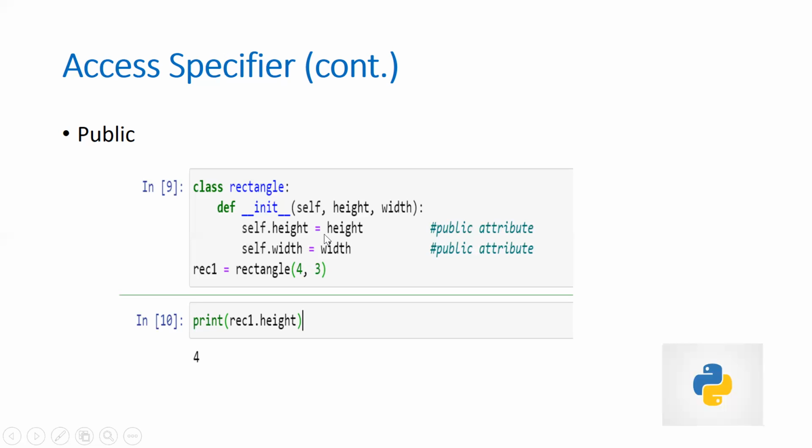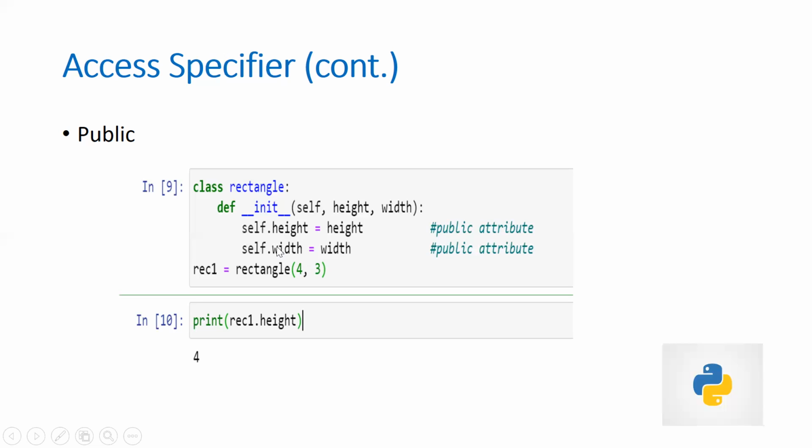It will not make this a private or protected attribute, because you are declaring the attribute type on the left portion, not the right portion. As there is no underscore, height is a public attribute. There is no underscore here either, so it is also a public attribute.